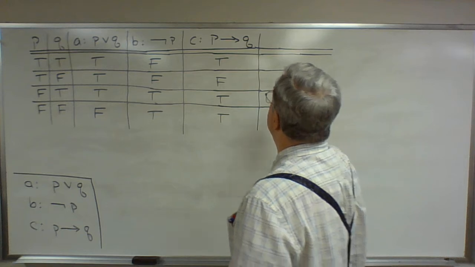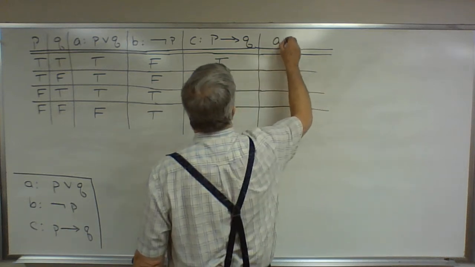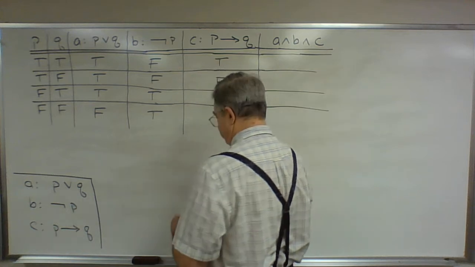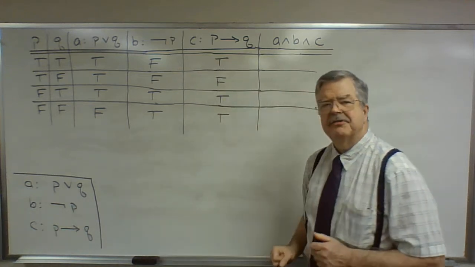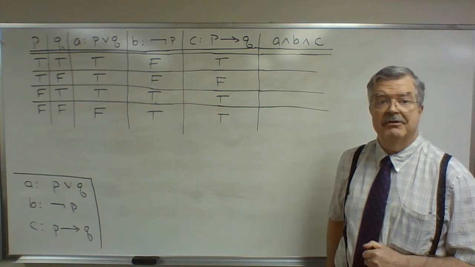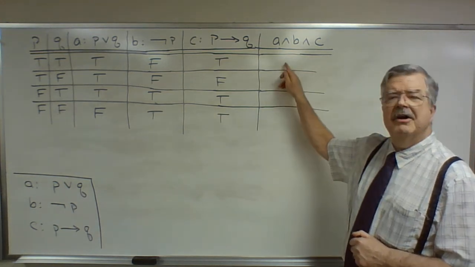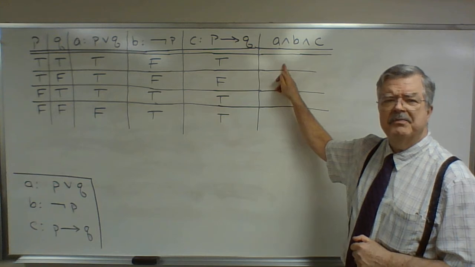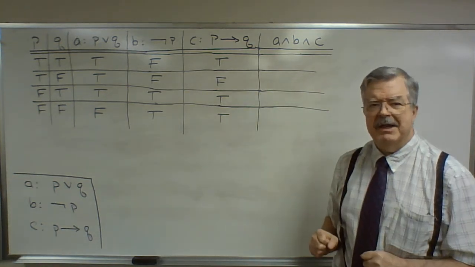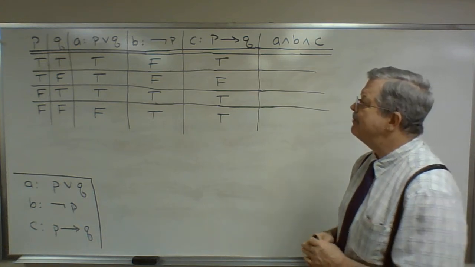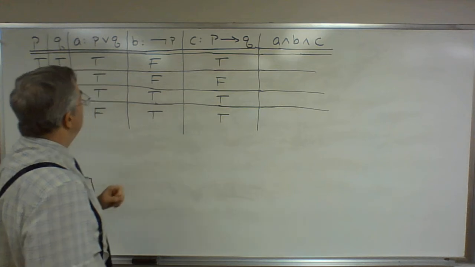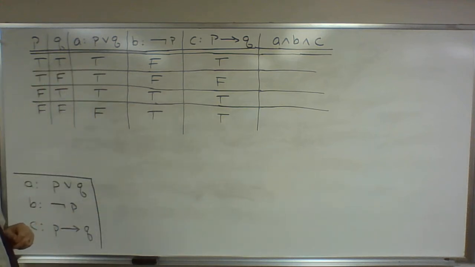So let's see, we want A and B and C. And what's the special case for a conjunction? A conjunction is only true when all of the simple statements that make it up are true. So does that ever happen? Let's look at A, B, and C. Are they all simultaneously true?